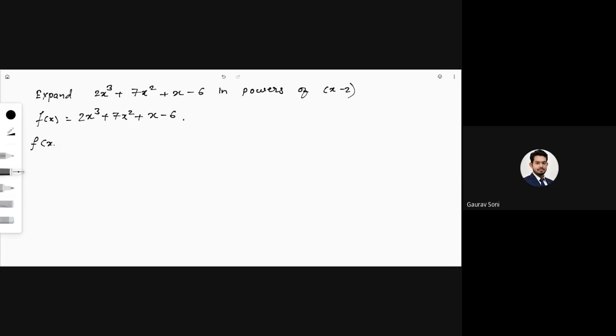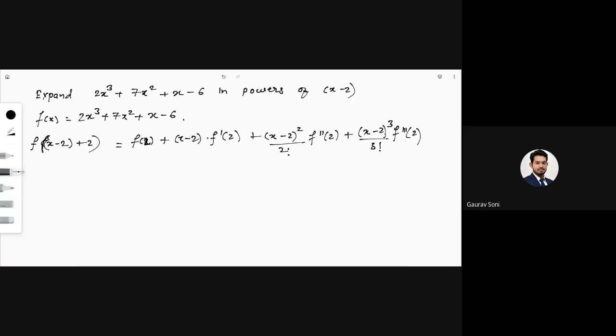What we have to do? x minus 2 plus 2. By Taylor's theorem, what is this? F of 2 plus x minus 2 f dash of 2 plus x minus 2 square by 2 factorial f double dash at 2 plus x minus 2 raised to 3 upon 3 factorial f triple dash at 2.